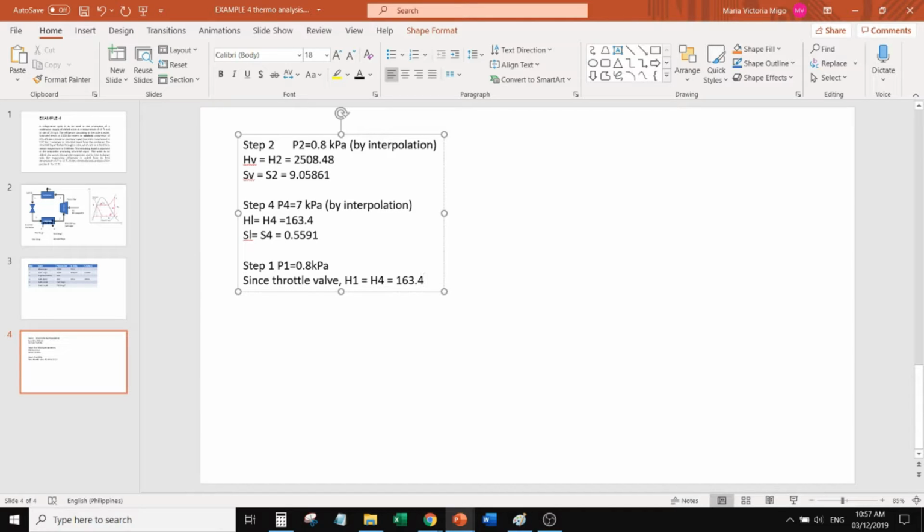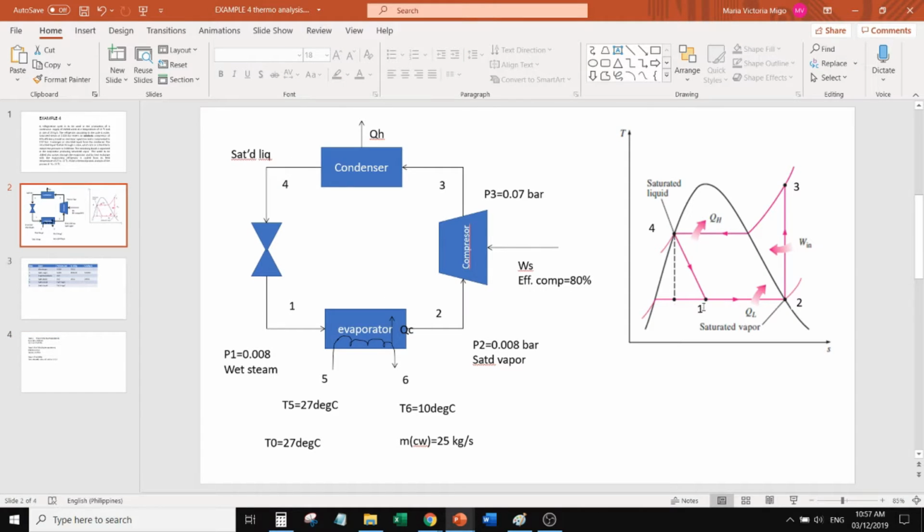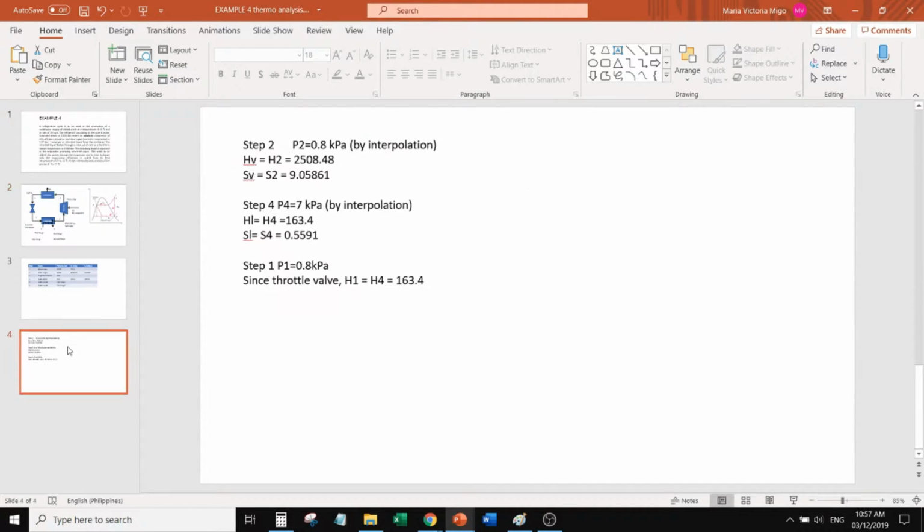Next is to solve for the quality. Since point 1 is in the middle of the saturated region, it's not on the saturated liquid curve, and not on the saturated vapor, so there must be a quality here, x. We can solve it if we know the properties of the vapor and liquid, which again is from the steam table at 0.8 kilopascal. By interpolation, HL is 15.825, HV is 2508.48.